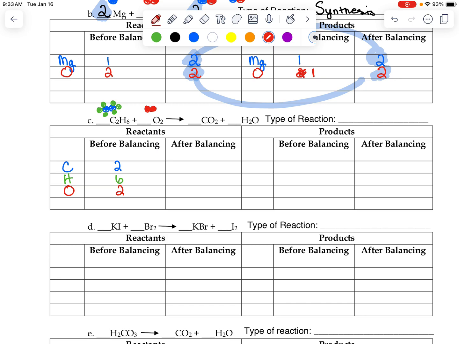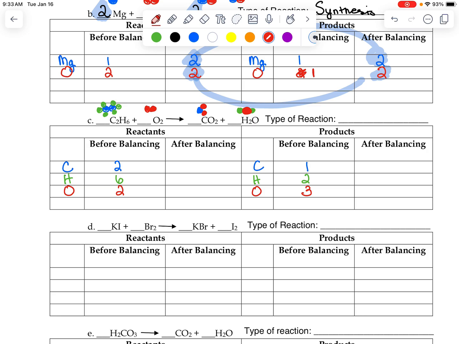In terms of coming out, carbon, we have 1 of them. Hydrogen, we have 2 of them. And oxygen, we've got to be careful. We have 2 of them over here, and we have 1 of them over here. So we have 3 oxygens total.